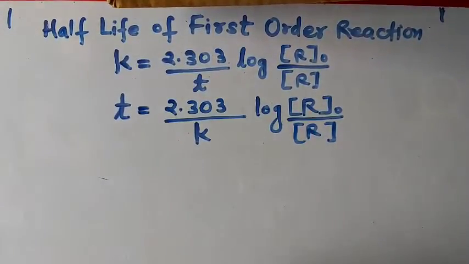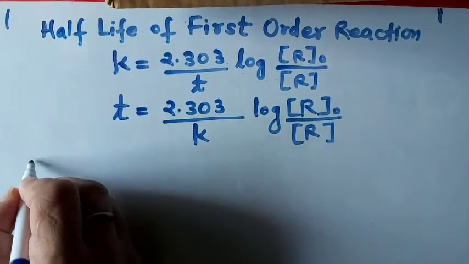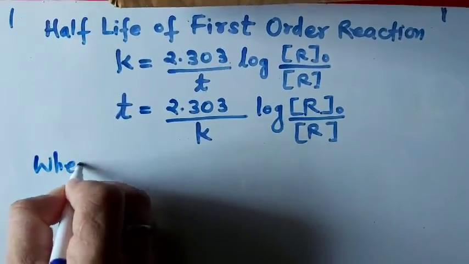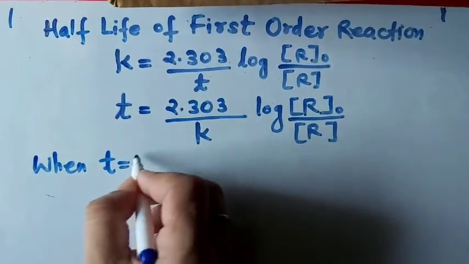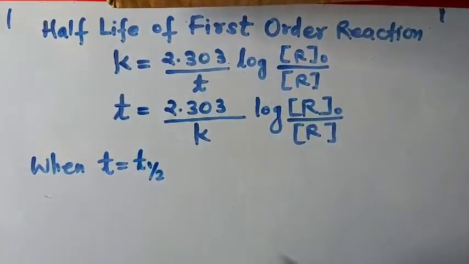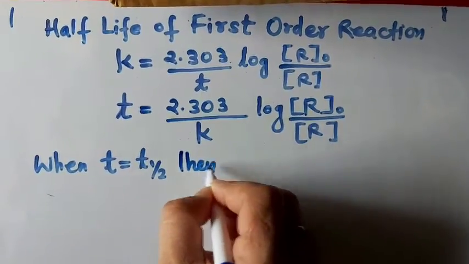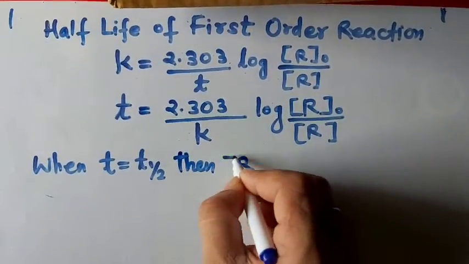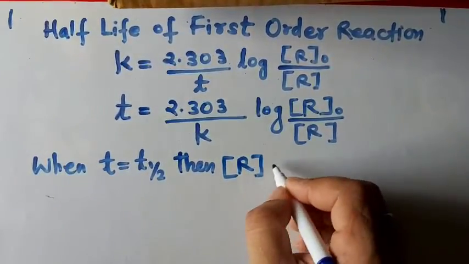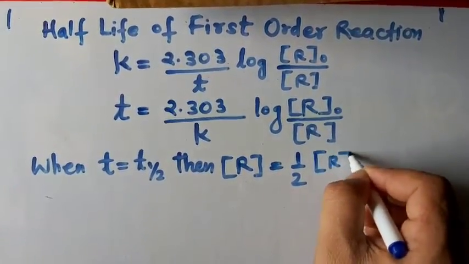Now the statement once again is, when T is equal to T half, time has passed after the reaction has started, then the new concentration would be half of initial concentration.